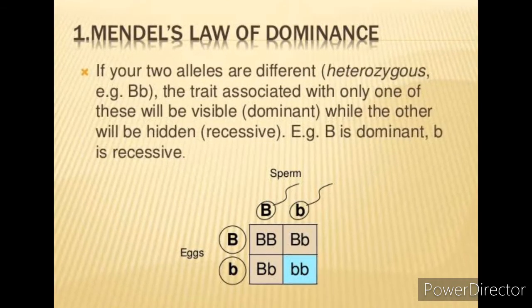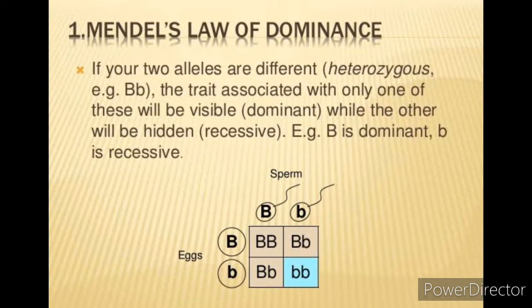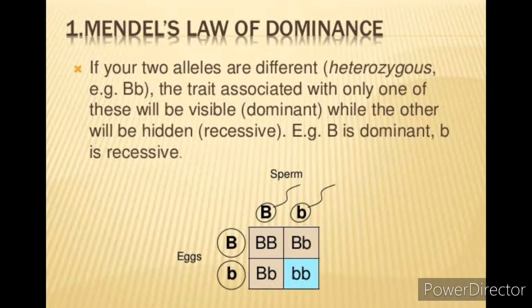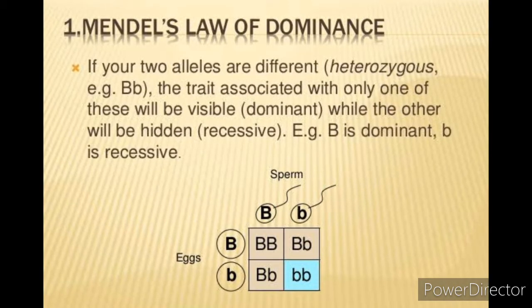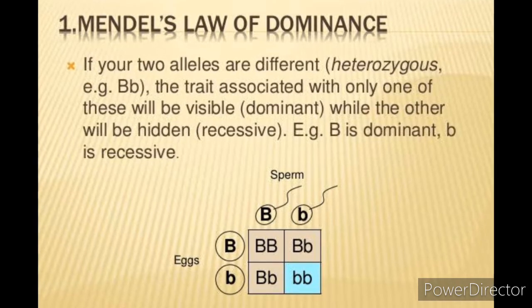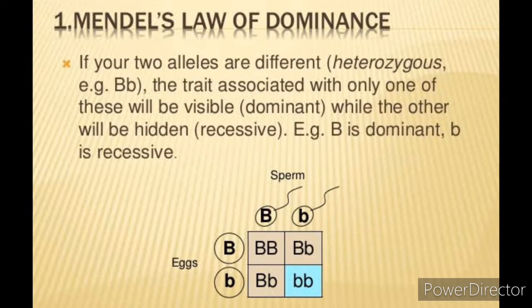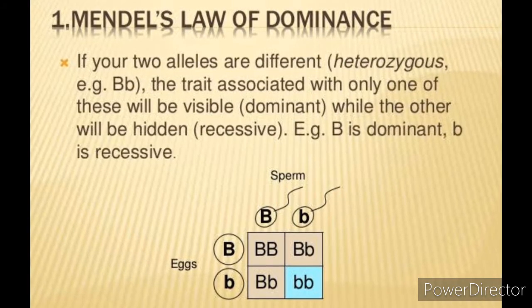In the F1 generation we get capital T, small t, a hybrid, but phenotypically it's tall only. Capital T is the dominant character, always expressive. Small t is the recessive character, always suppressive.